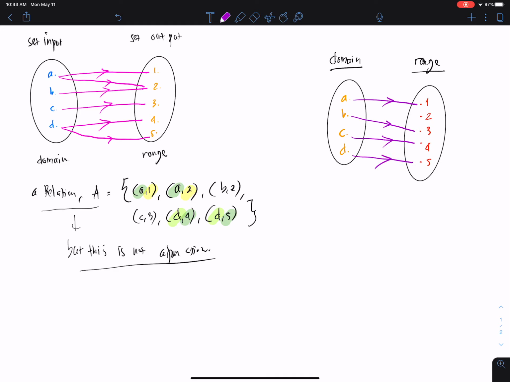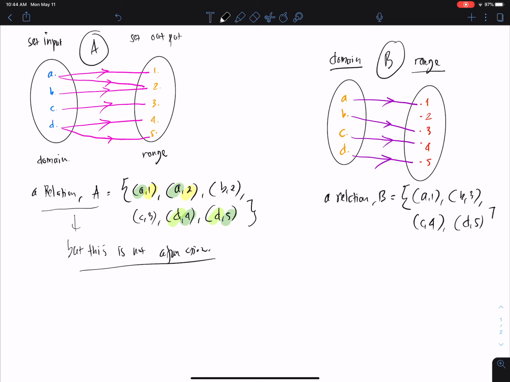Let's call this relation B, and A was the earlier one. So relation B, with the set of ordered pairs A1, B3, C4, and D5, is a function.